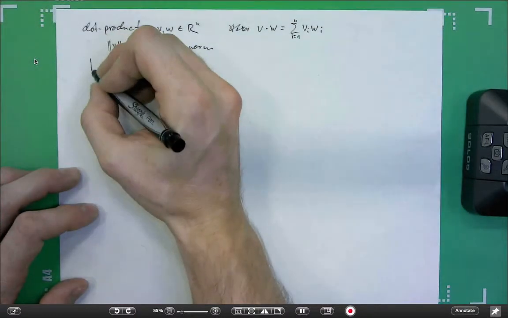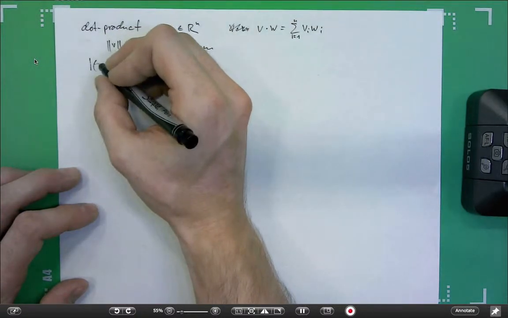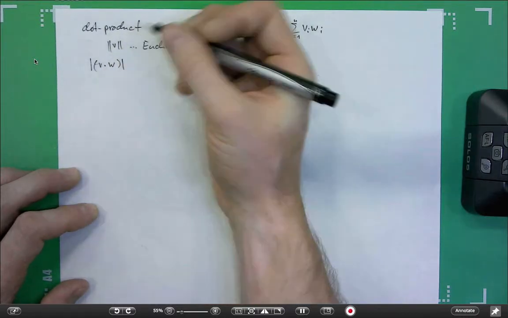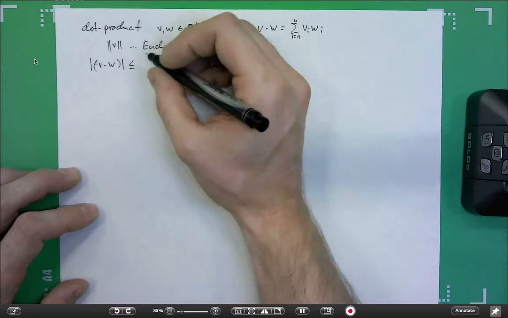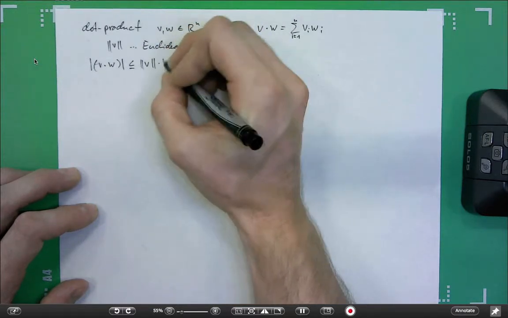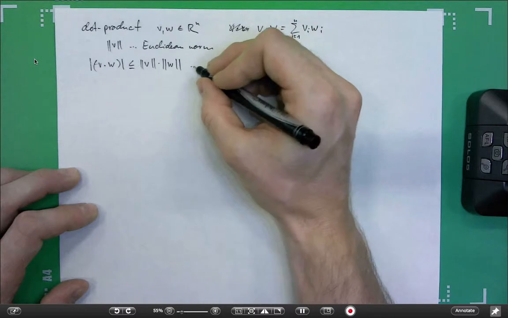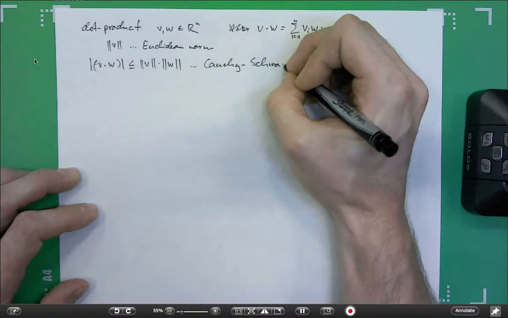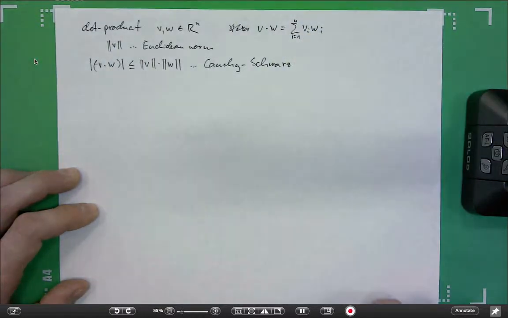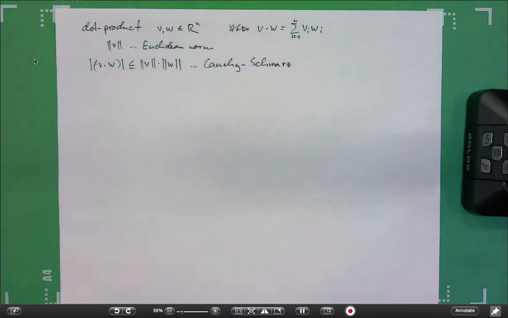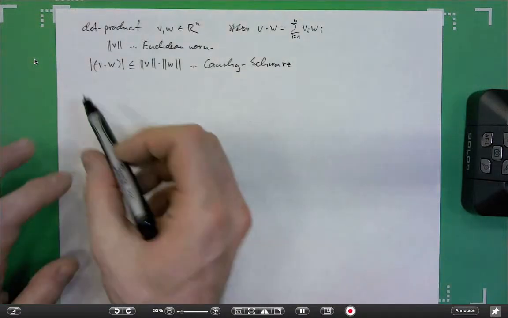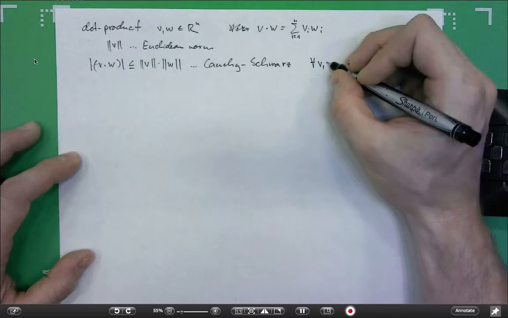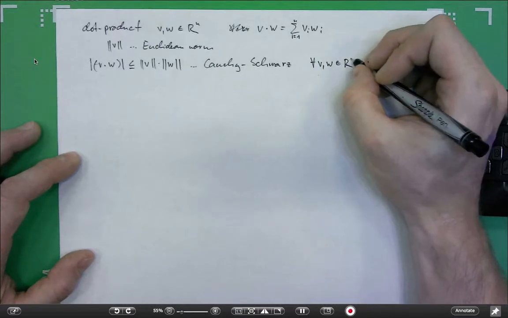What that was saying was that the absolute value of the dot product of v times w is always less than or equal to the norm of v times the norm of w. Very important inequality in mathematics. And when I say this, I always mean that it applies for all pairs of vectors v and w from Rn.